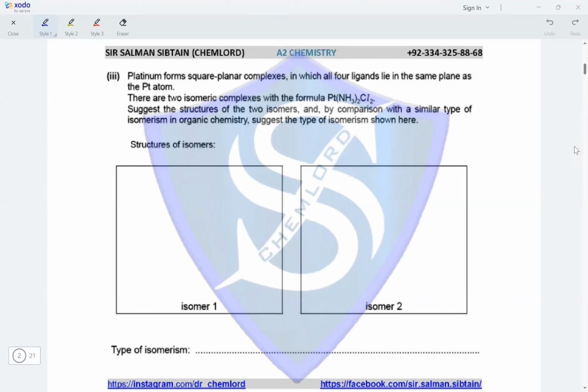So we have square planar complexes, which means we have platinum as the central transition metal ion, with four positions of binding of ligands, and the isomerism shown in these complexes is cis-trans isomerism.